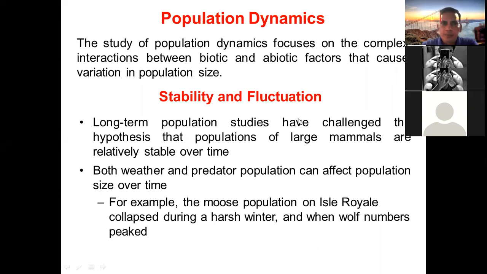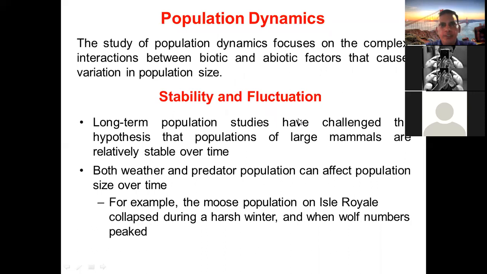So they will act as a check on each other. Now, there could be stability in the population or there could be fluctuations. Long-term studies regarding this population have challenged the hypothesis that the population of large mammals is relatively stable over time.